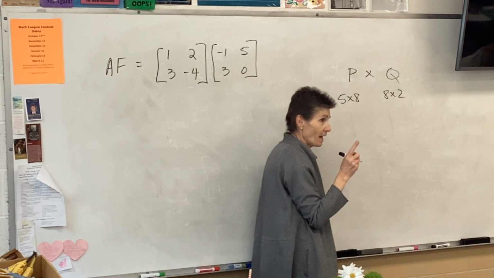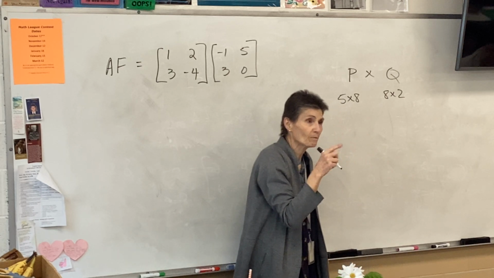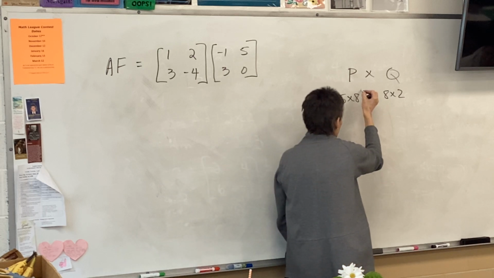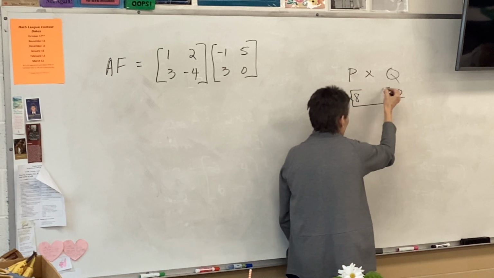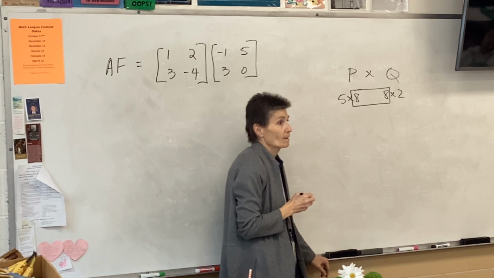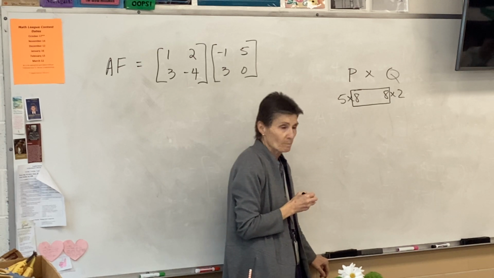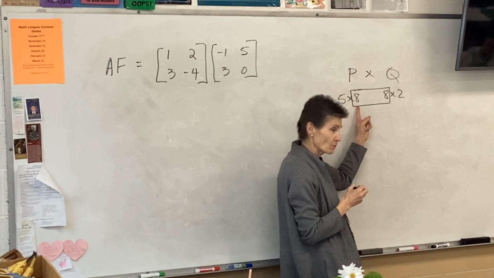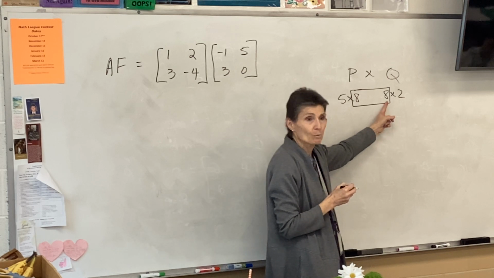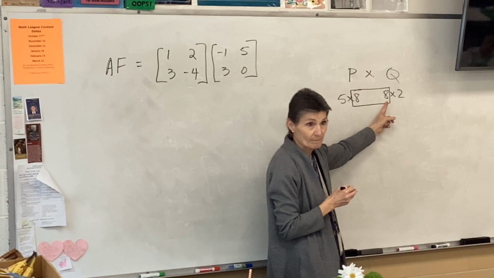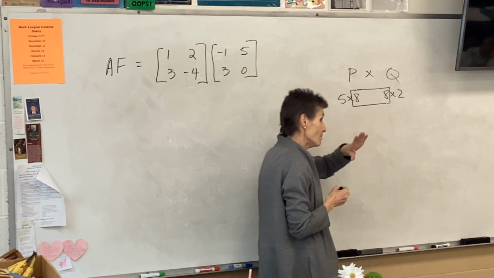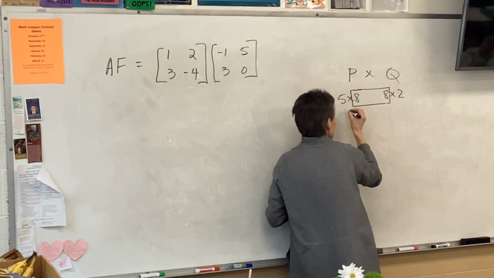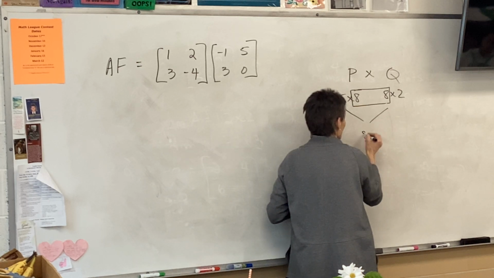They are multipliable because the rule for multiplication is these two numbers have to be the same. If you're going to multiply, the columns of first must match the rows of second. Okay? And then, furthermore, the answer will be a 5 by 2.